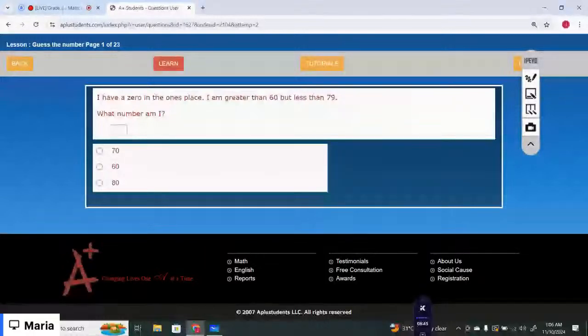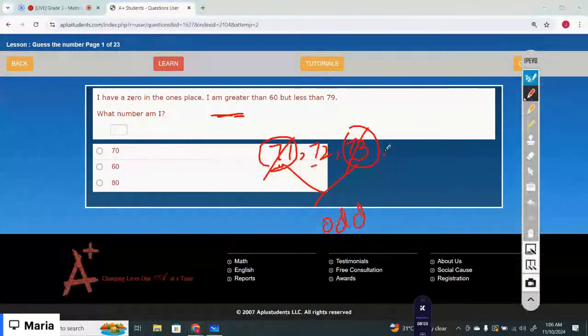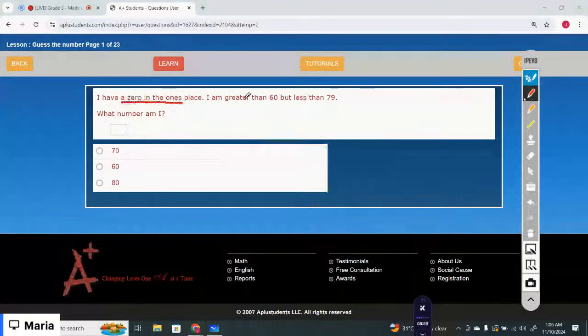I have a 0 at the ones place. I'm greater than 70, but less than 79. So 0 at the ones place, right? I have a 0 at the ones place. I'm greater than 60 and less than 79.